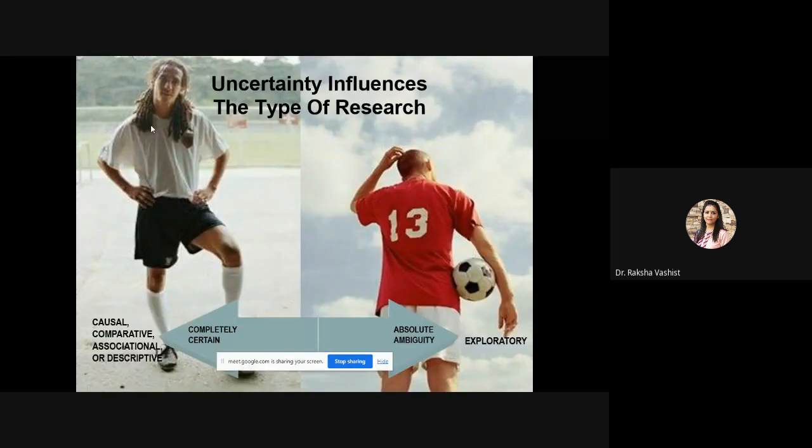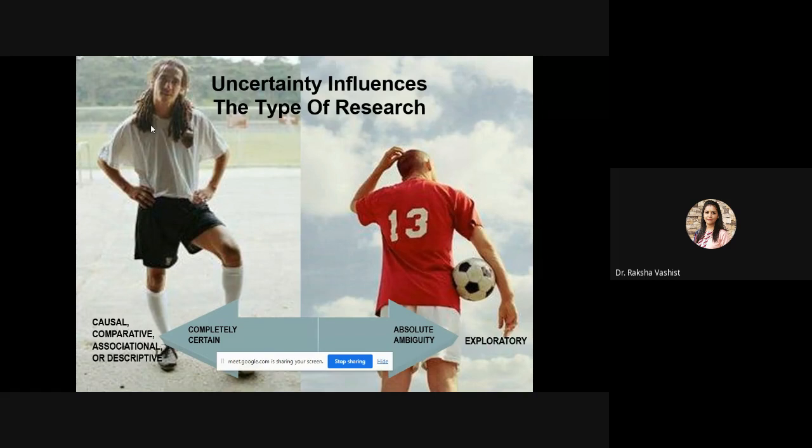So the research is basically based on the certainty and uncertainty of the situations. All right. So if the situation is certain, if we know the situation, if there is some result which we can know about the situation, that is completely certain.